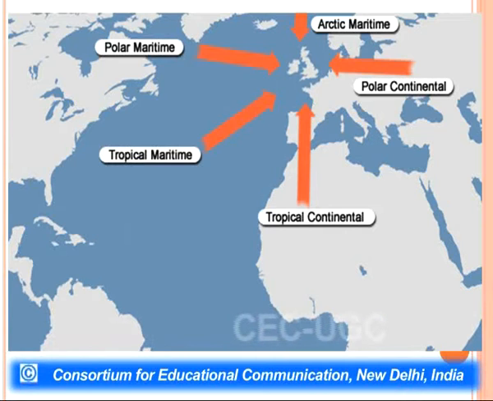Let's take first the polar continental air mass. The polar continental air mass develops over the northern Eurasian plain, mainly the Russian plain. At source, it is cold, dry and stable. After the formation, it leaves the source region and moves south.